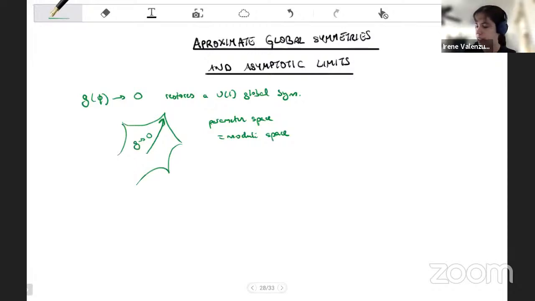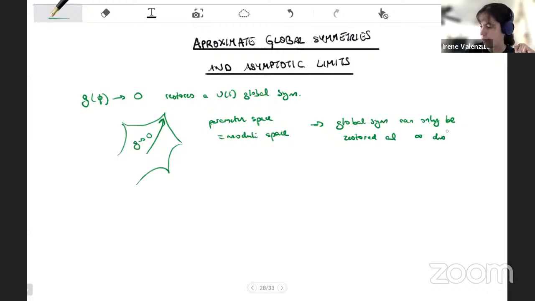Let me tell you what happens and what we'll discuss tomorrow, and then I stop. What happens is that all these points in which you try to restore a global symmetry are pushed away to infinite distance in this field space. So global symmetries can only be restored at infinite distance.